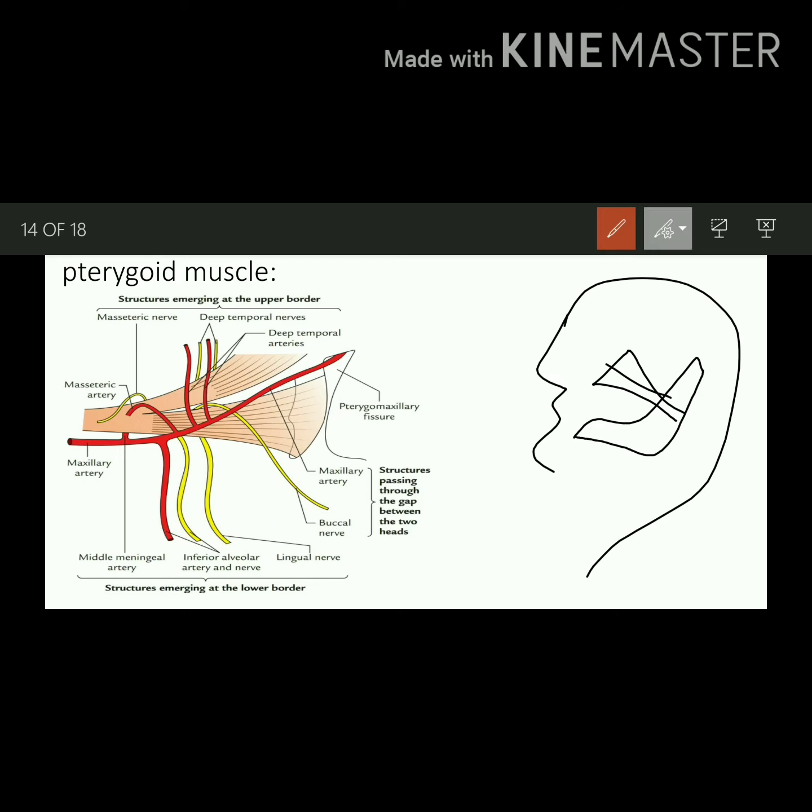Remember, anything going upper will be deep, anything going lower will be inferior.